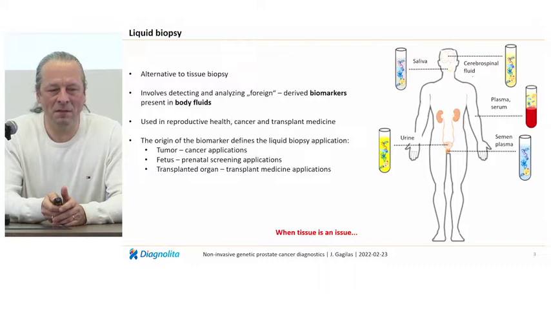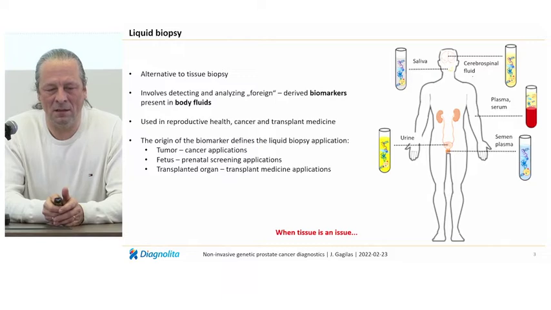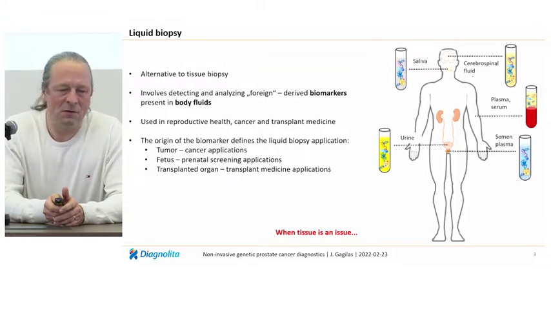Liquid biopsy is an alternative to tissue biopsy, and the idea is that you analyze body fluids such as saliva, plasma, or urine, or others, say milk or tears, and you look for foreign biomarkers.